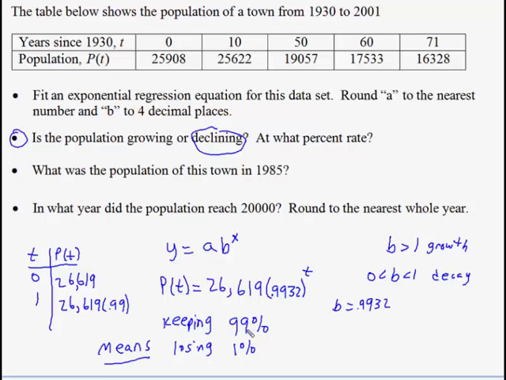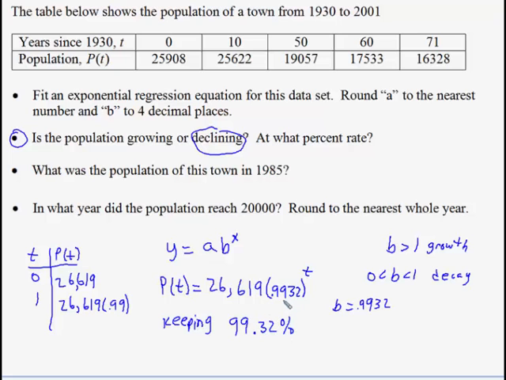So you could think of it as keeping 99%, and if I subtract that from 100, that's the same thing as losing 1%. But if you remember, it wasn't really 99%, it's about 99.32. So let me back up and be more specific: multiplying by 0.9932 means that you're actually keeping 99.32% of the population.